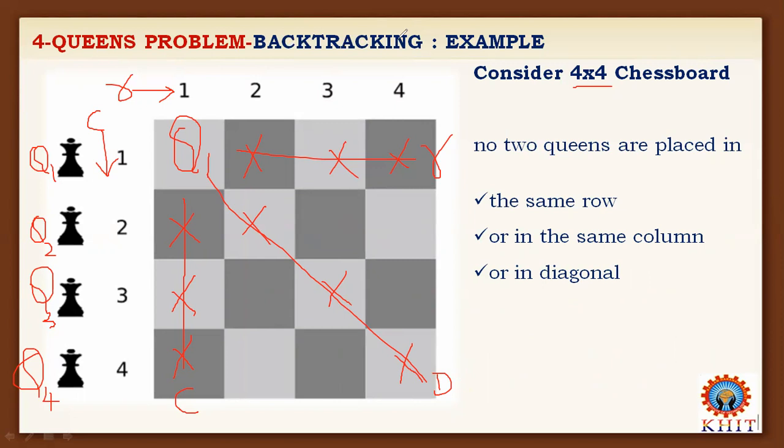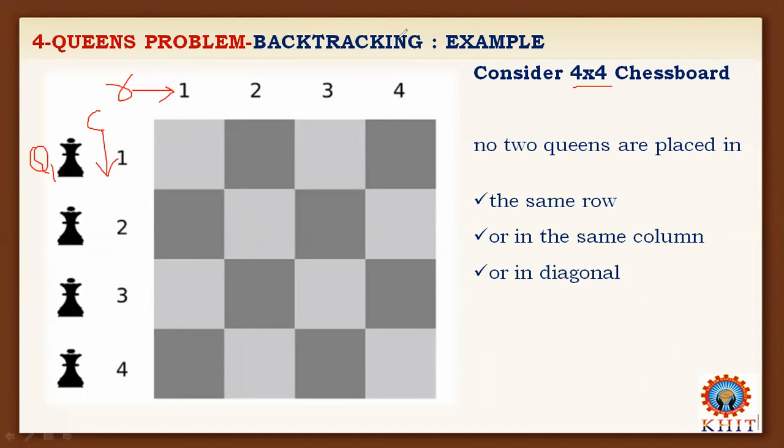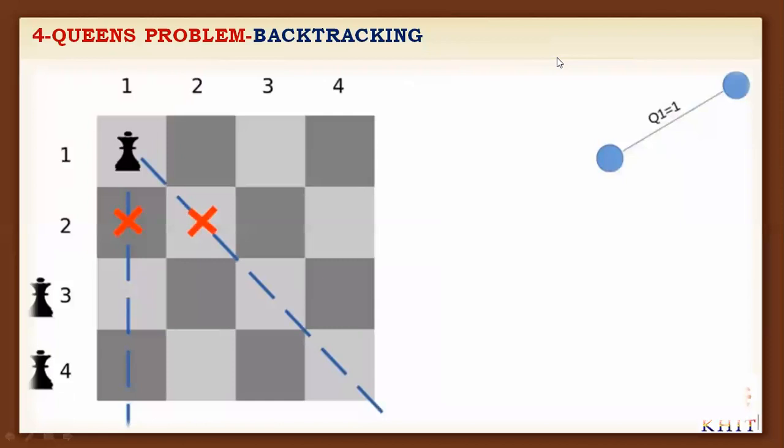Like this, we apply the backtracking technique, and we need to change the position of the queen while satisfying the constraints, placing the queens so that no two queens are in the same row, column, or diagonal. Now we will see clearly in an animated way how to solve the problem efficiently. So now move on to the next slide.